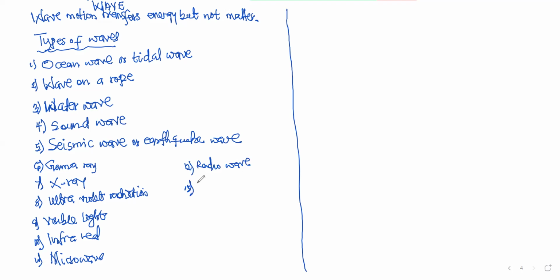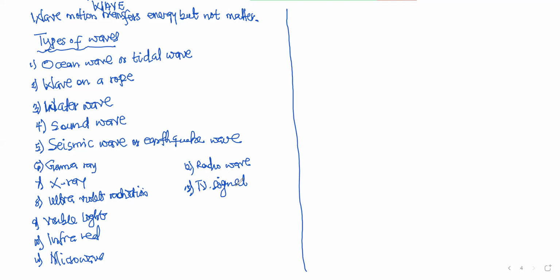Then we have television or TV signal, and other examples or types of waves. So these are the various different types of waves.